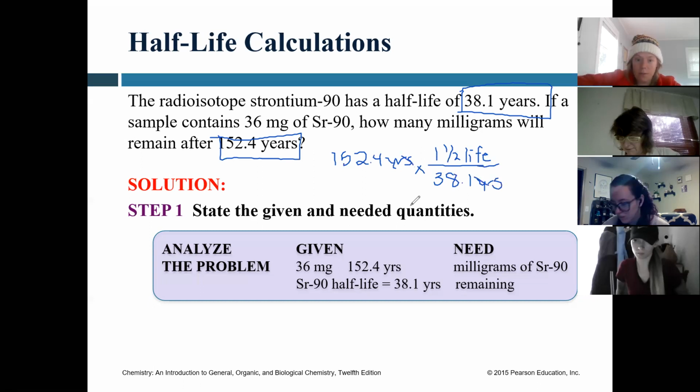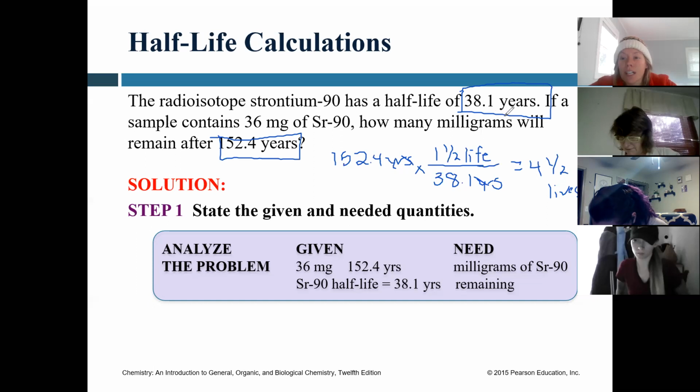I take my 152.4 and divide it by 38.1. This tells me that 4 half-lives have passed.